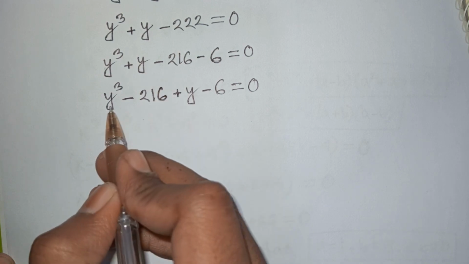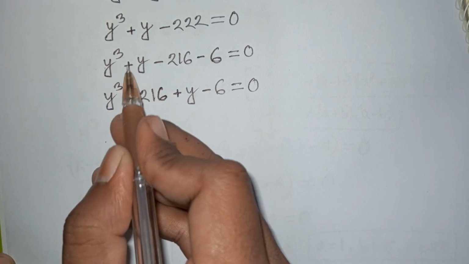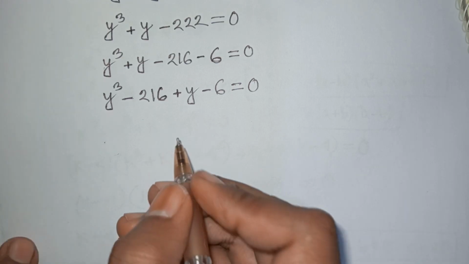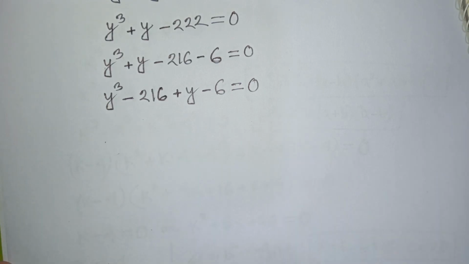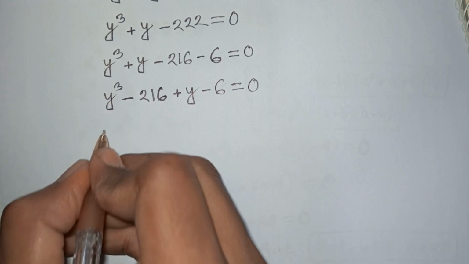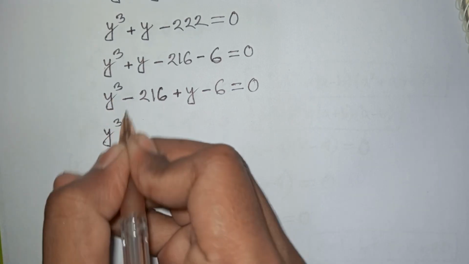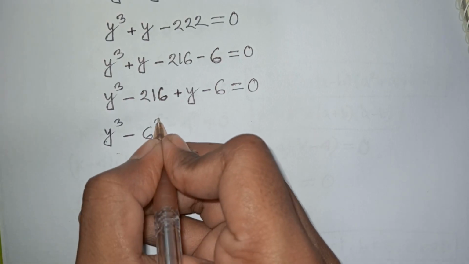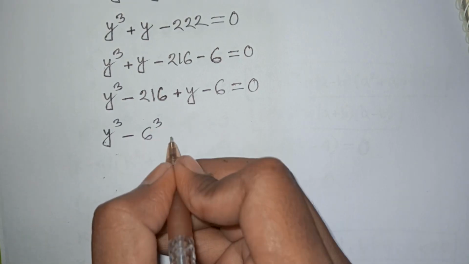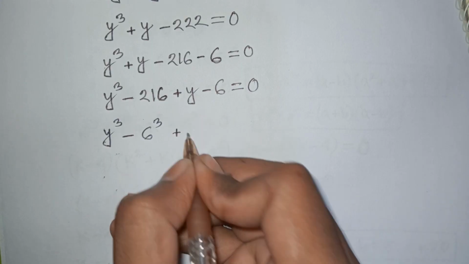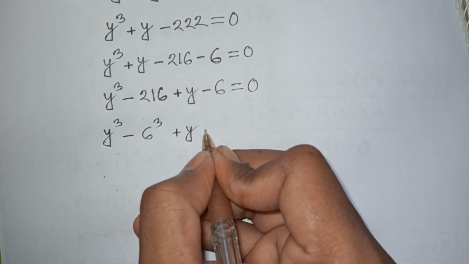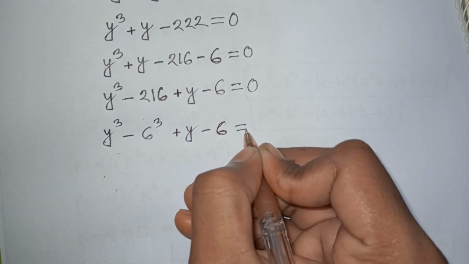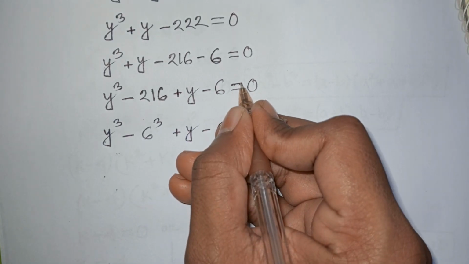This can be written as, in the next step, we have y cube minus 216, which is the same as 6 cube, plus y minus 6 is equal to 0.